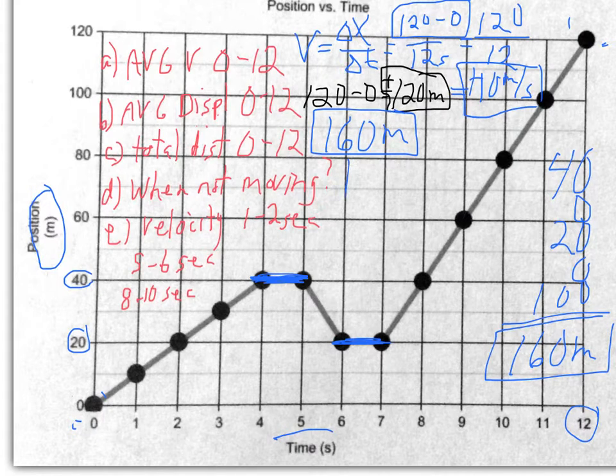Well, from 4 to 5 seconds, and from 6 to 7 seconds. It wasn't moving at all. All these other ones have slopes. So the lack of slope tells you that it is not moving. Position time graph, if you have a horizontal line, that indicates 0 movement.